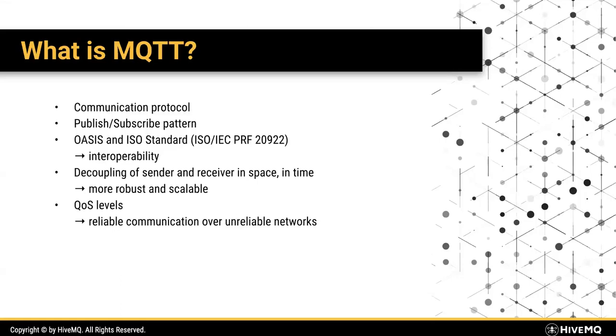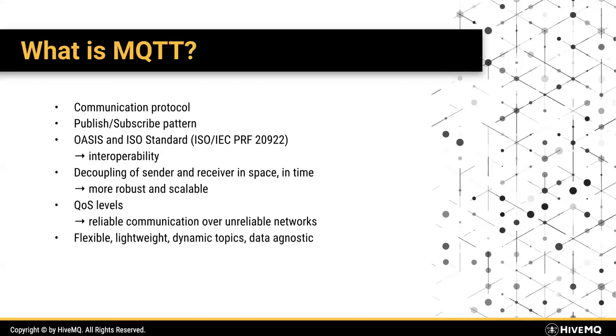Instead of known protocols like HTTP, where you have to retry yourself, you have to build logic that detects if something failed and then actively retry. MQTT gives you quality of service levels. So this makes communication over unreliable networks a little bit easier for you. So that's another benefit of MQTT.